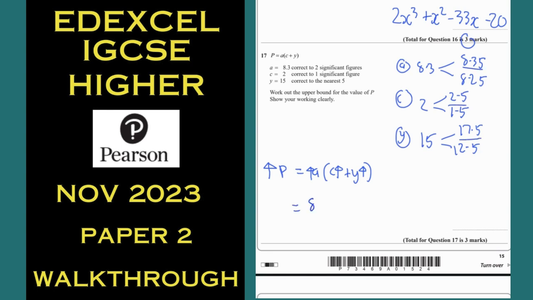So big A is 8.35, big C is 2.5, big Y is 17.5. The brackets give us 20, so we're not even going to need to round our answer off. It's going to be a nice looking round answer of 167.